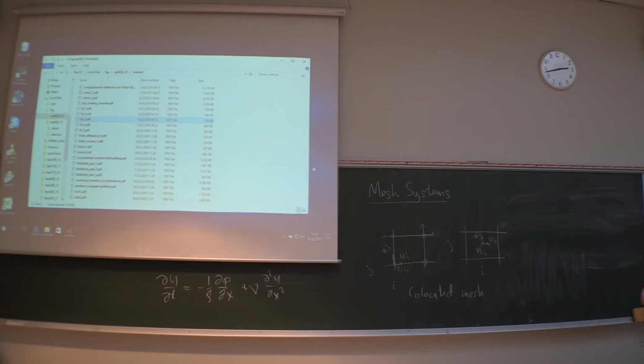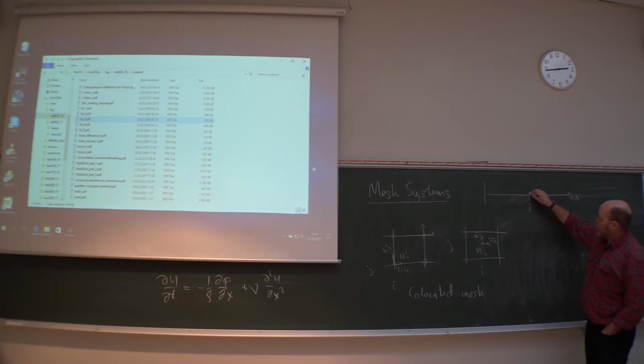So now we do this one in a co-located mesh system. Just look at 1D. Here is my x, here is my point I, my focus point. I want to have the velocity at this point.